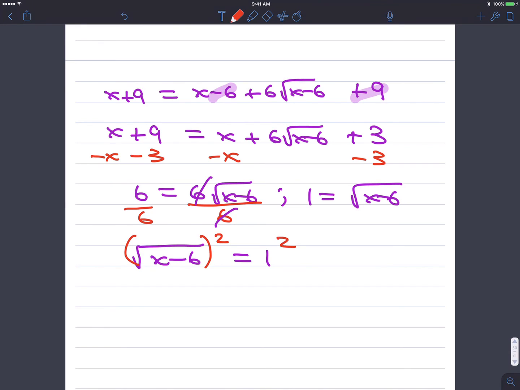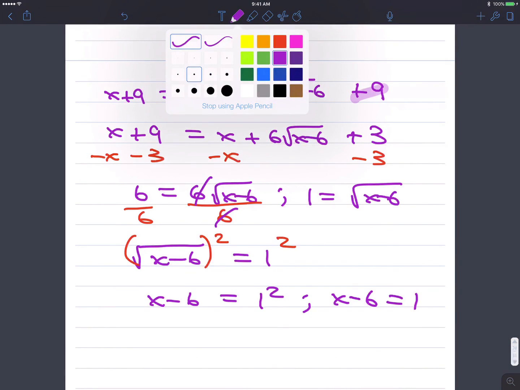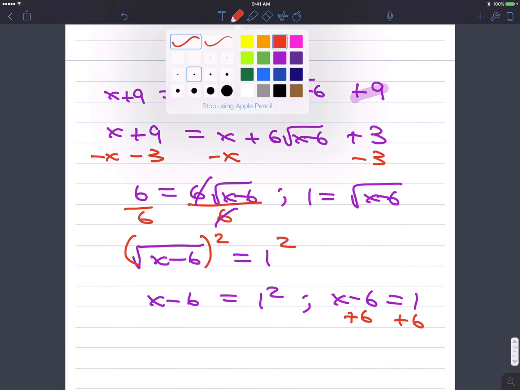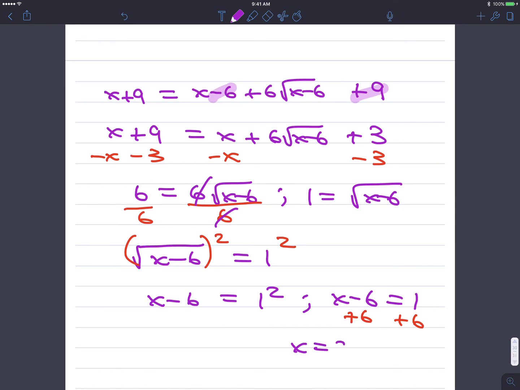Square both sides. x minus 6 becomes 1 squared. x minus 6 is 1. Add 6. You get x is 7.